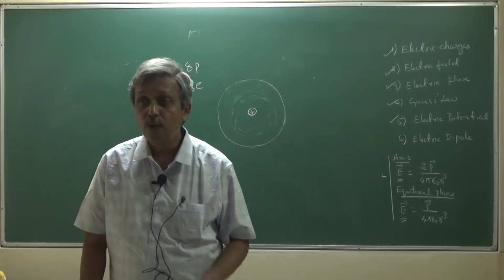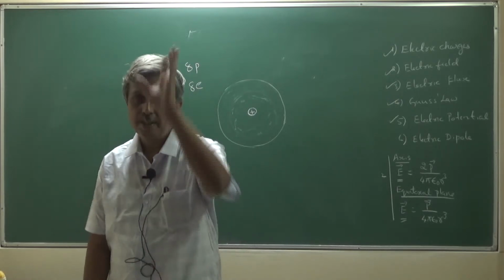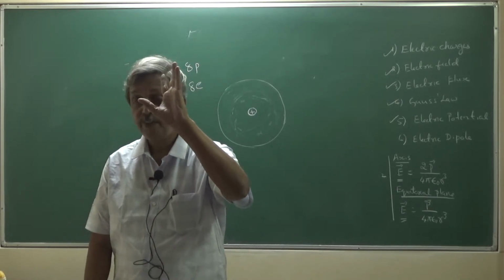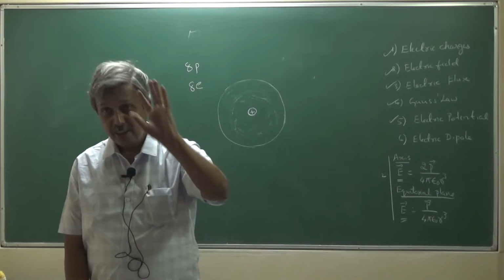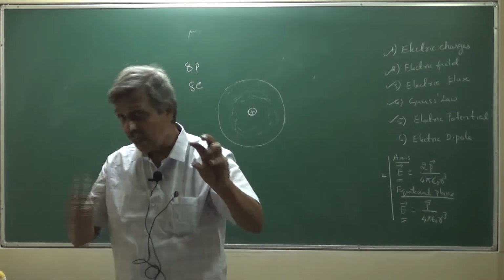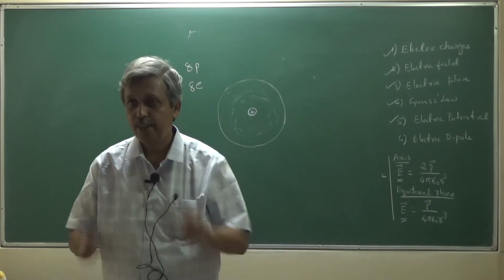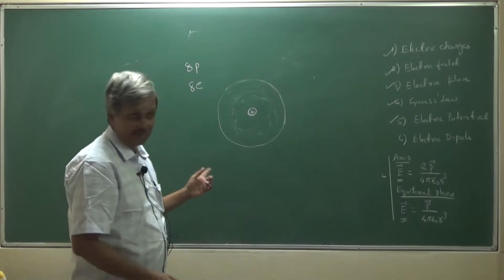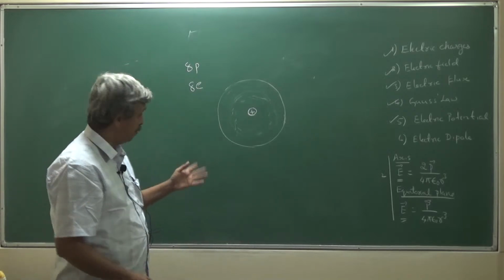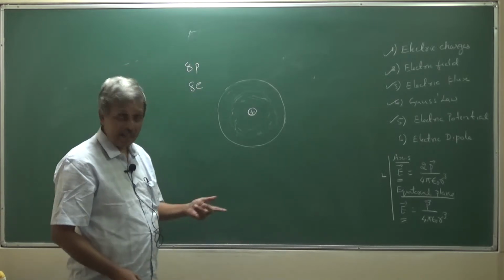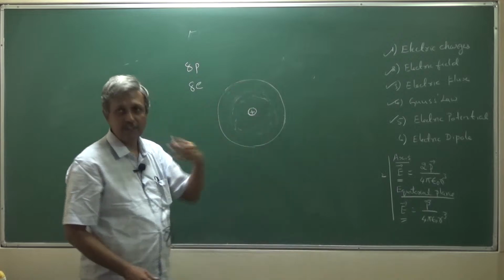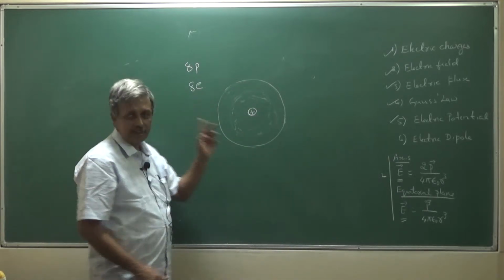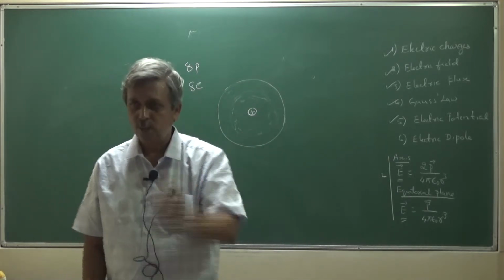If you want to know the dipole moment, you need two charges, equal and opposite, separated by distance. But there is nothing like that here. There are 8 charges. We can call 8 electrons equal to 1 charge.